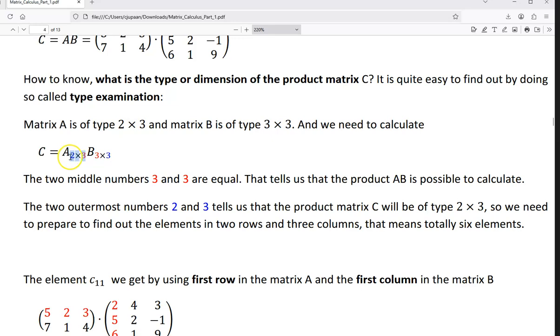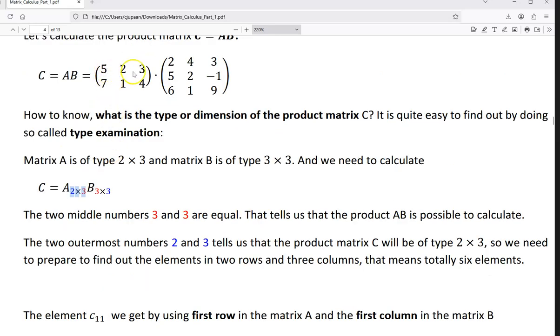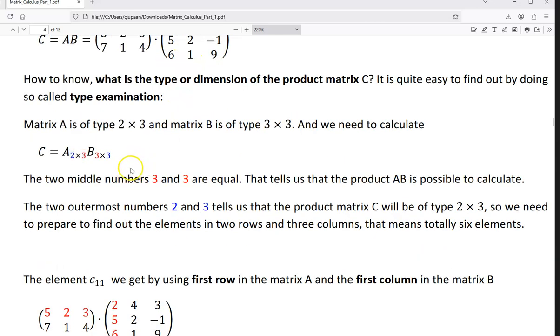So this A is of type 2 by 3 and the B is of type 3 by 3. The first thing you check is those middle numbers, in this case 3 and 3. If those numbers are the same, that means that it is possible to do the matrix multiplication.